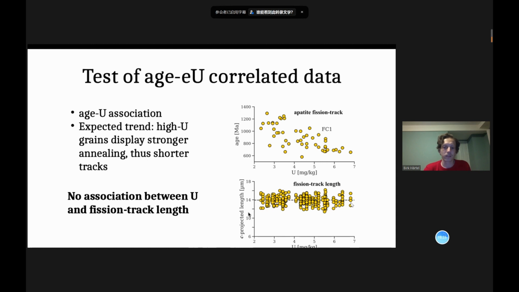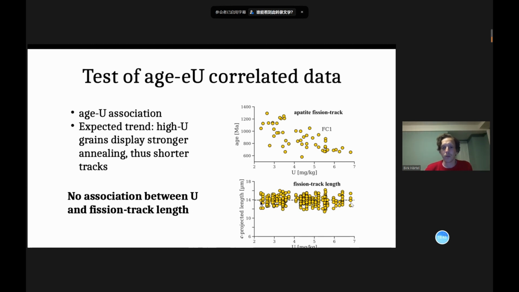But looking at the second plot here of the length against the uranium, we see there is no relationship at all. So the ones with the least uranium and the ones with the highest uranium, none of them has been annealed more than the other, right?